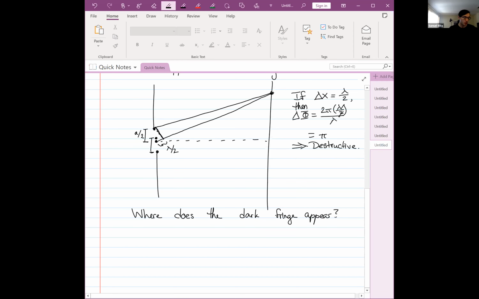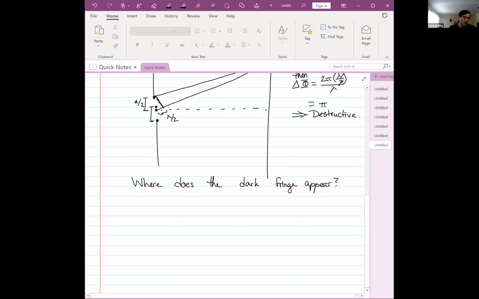So where? We've already established that for 2 point sources, like in the double slit case, if their slit separation is d, then the path length difference as a result of their vertical separation is d sine theta, if they make an angle theta with the horizontal.